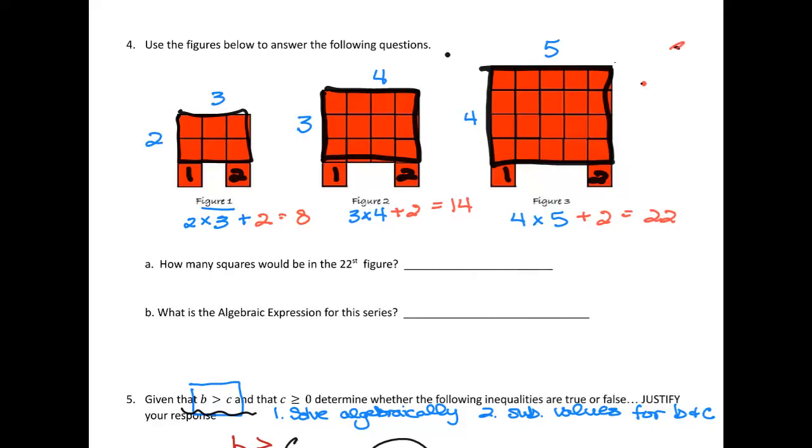Now, do you see, without having to count them, a pattern emerging with the figure number and the size of the rectangles? The figures keep increasing by 1. Okay, so for the 22nd figure, what would be the size of the rectangle?